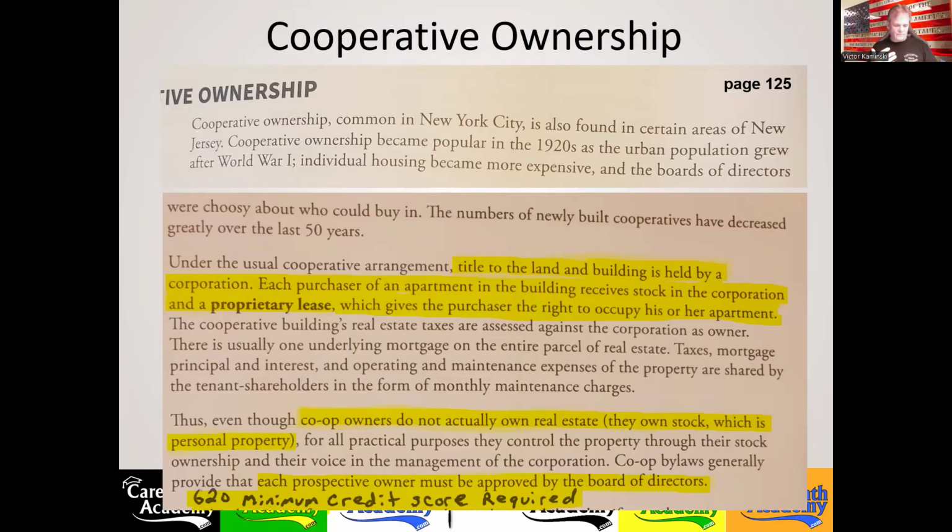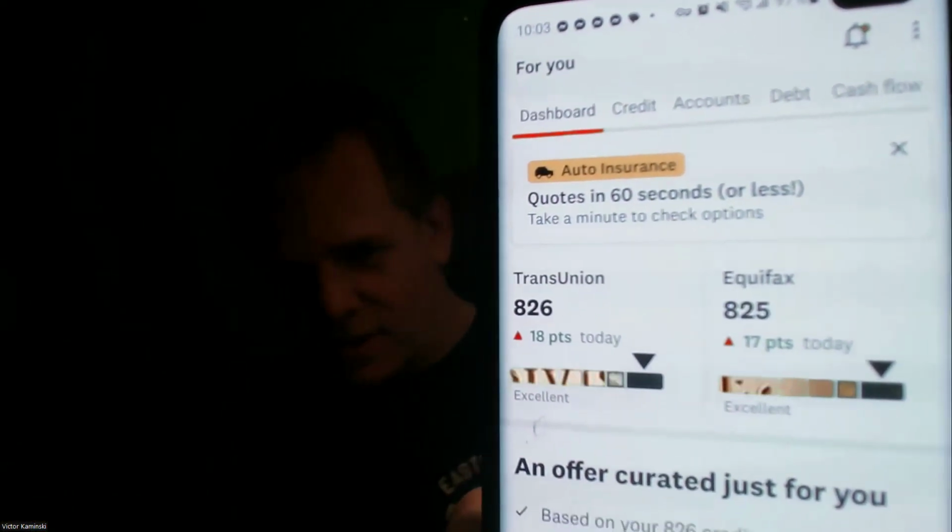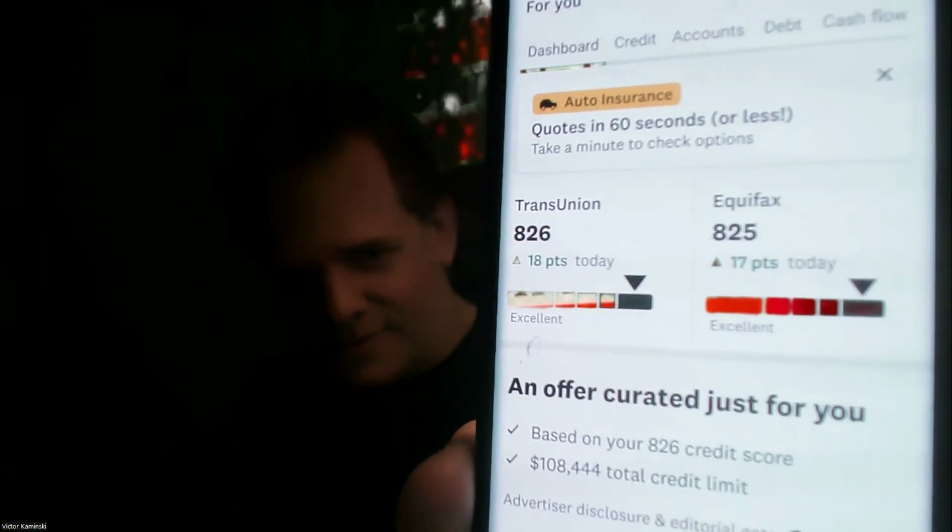Here we go. That's not a bad credit score, huh? The highest your credit score goes up is 850. So I got 825 and 826 here. Good job, Vic.